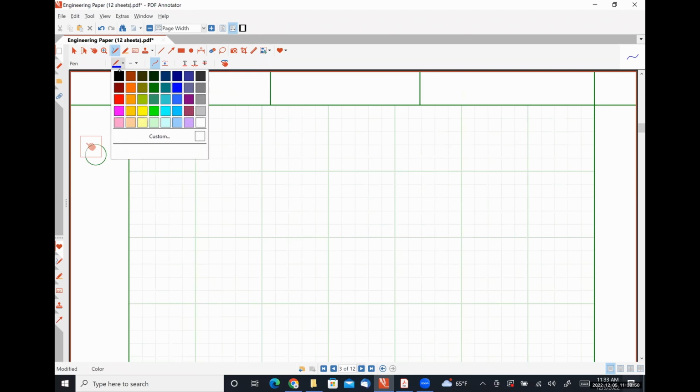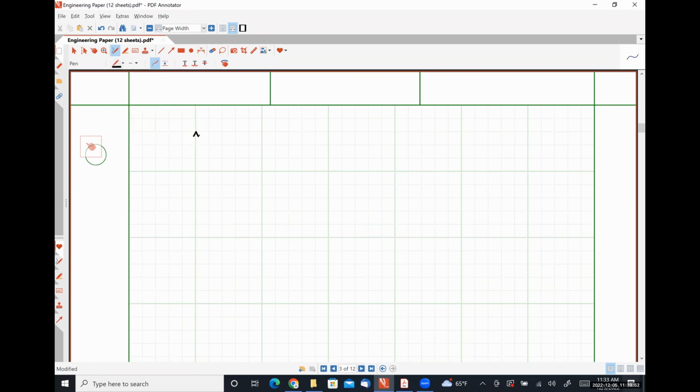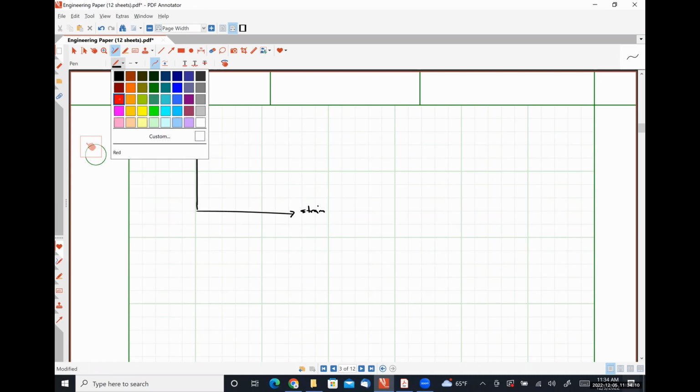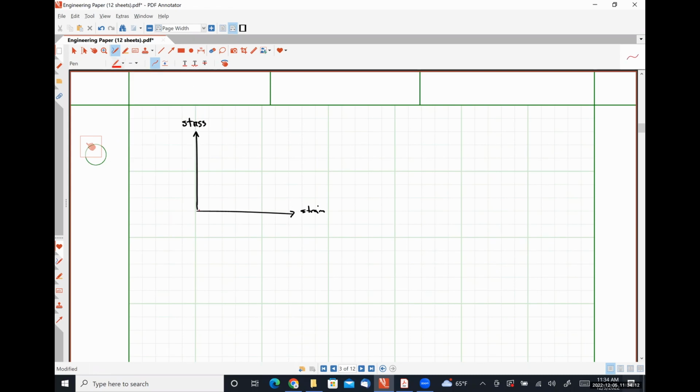Transversely, we might have a material whose stress strain plot looks something like this. So here is stress. Here is strain. This is characteristic of a brittle material, okay?